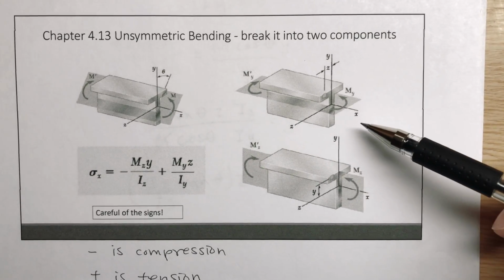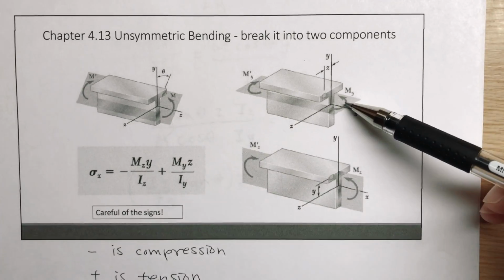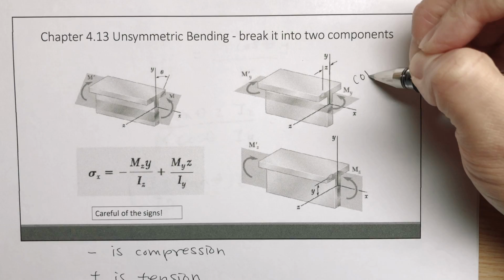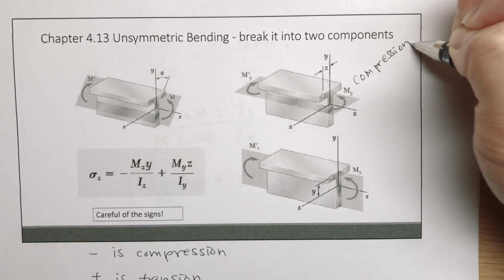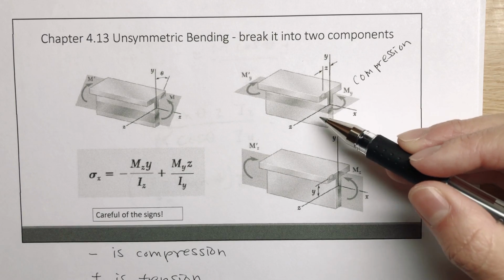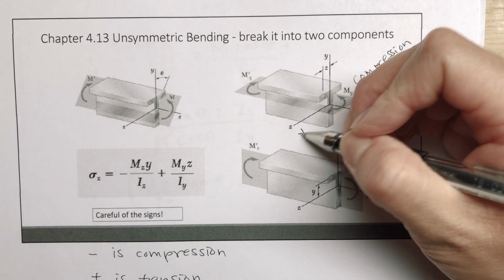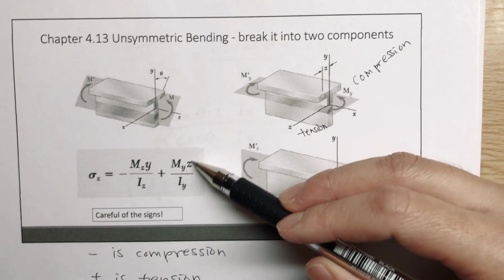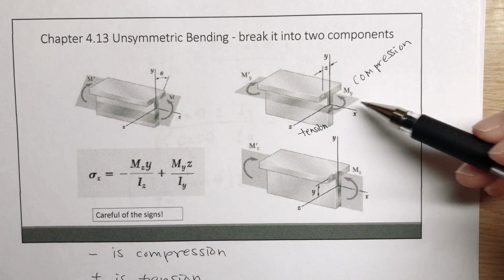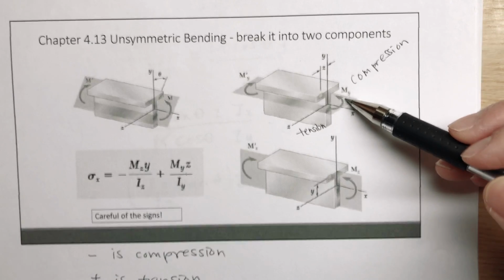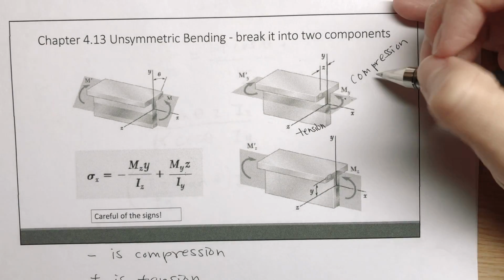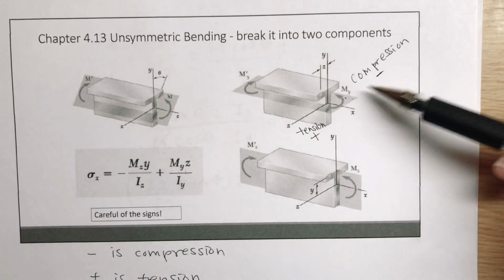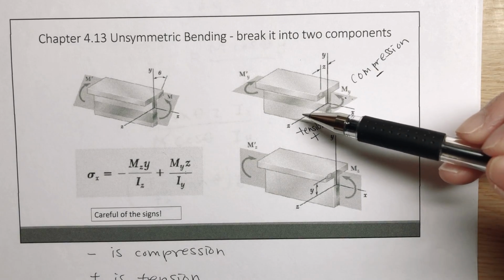Also, be careful of the signs. To the right of this T-beam, that's in compression. To the left side of the T-beam, it's in tension. So for this My term right here, the right side of the T-beam is compression, negative. The left side is tension, positive. So this sign depends on if it's the right side or the left side of the T-beam.